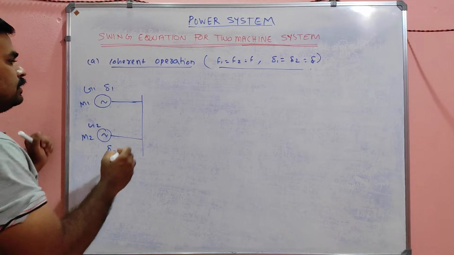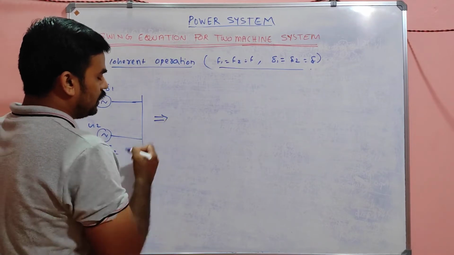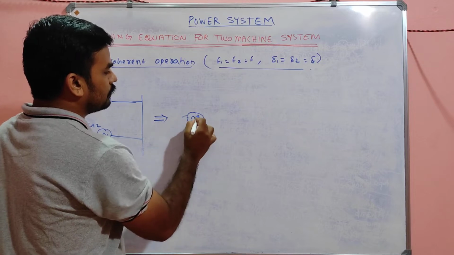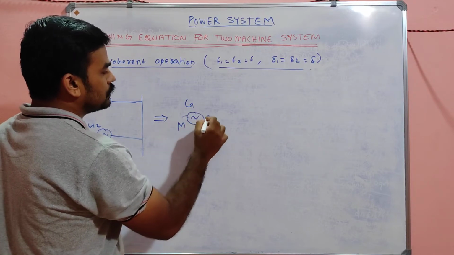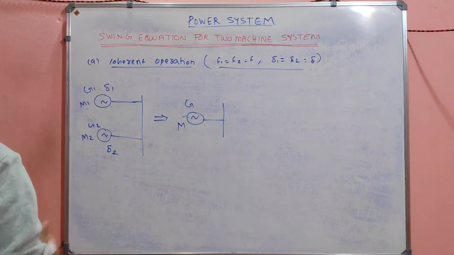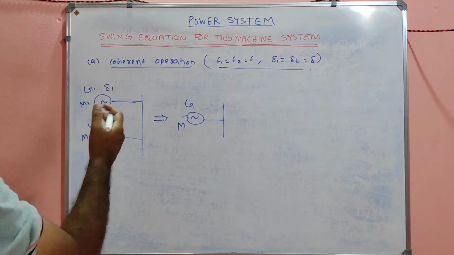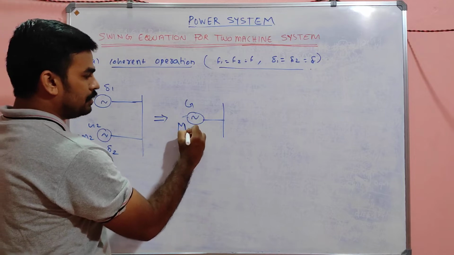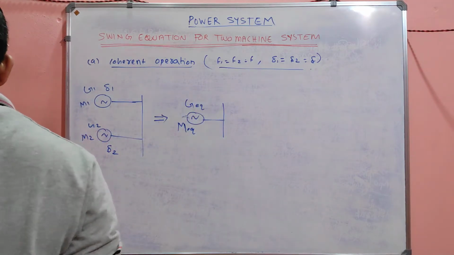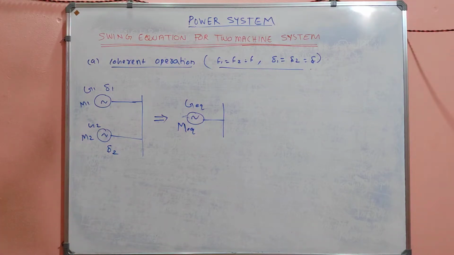This can be equivalent to a single alternator G with inertia constant M connected to a bus bar. So this M is M equivalent, and G is G equivalent. So G1, G2 and G equivalent and M equivalent.